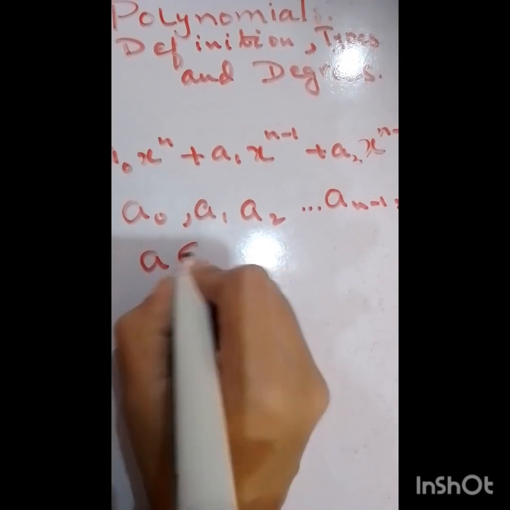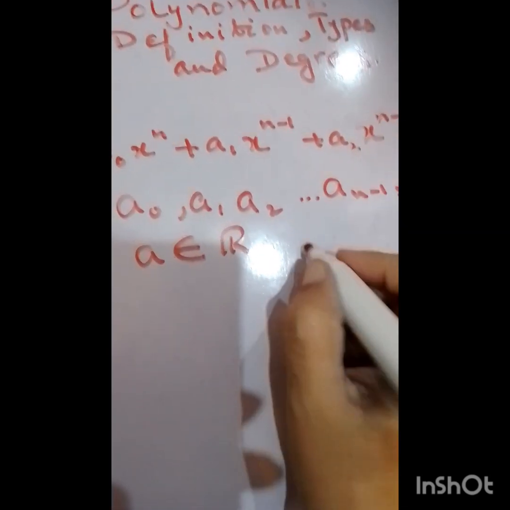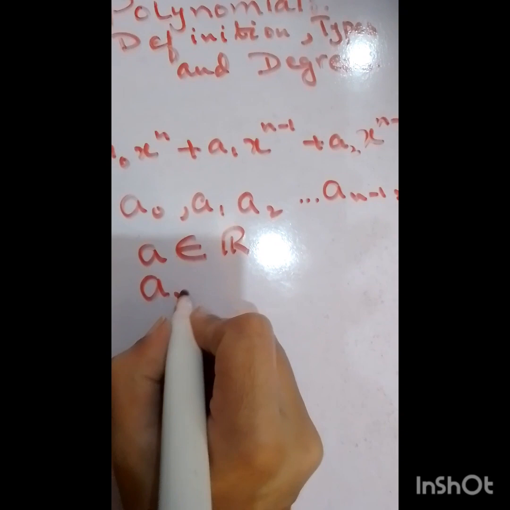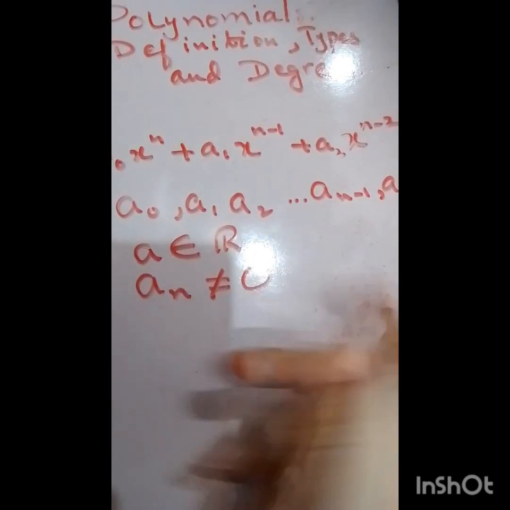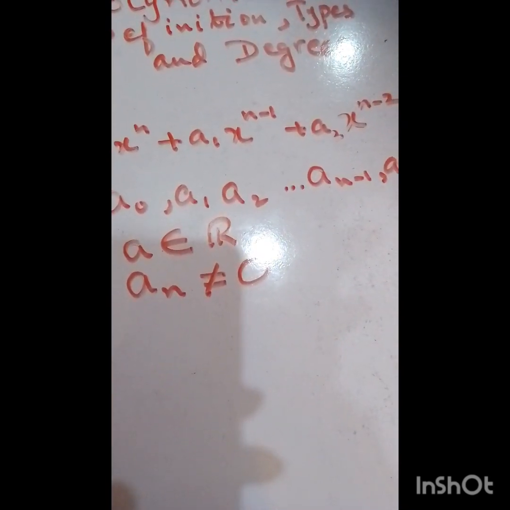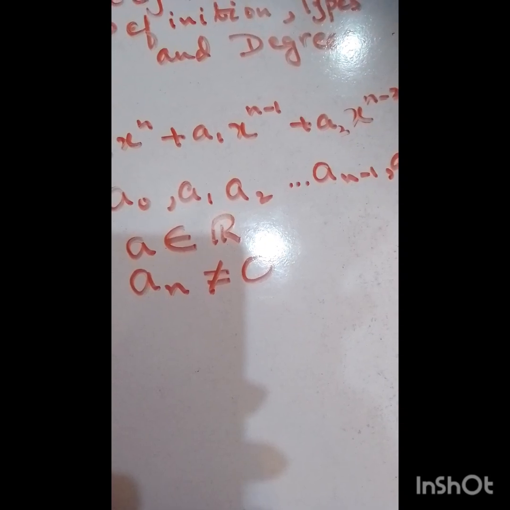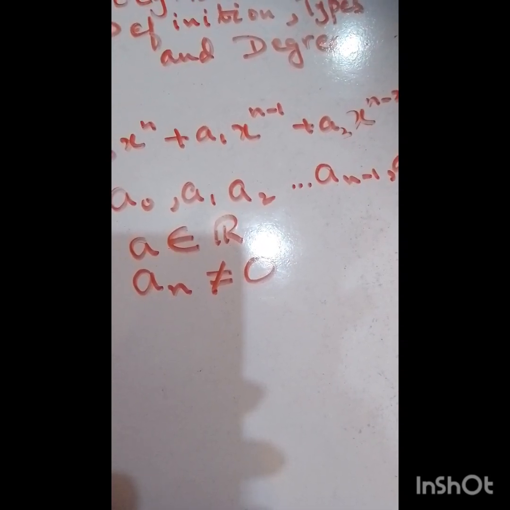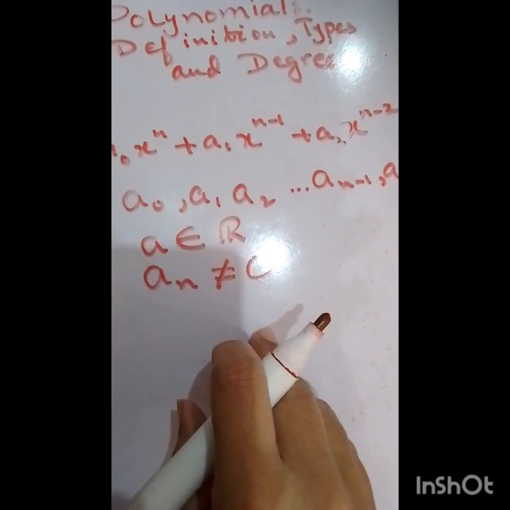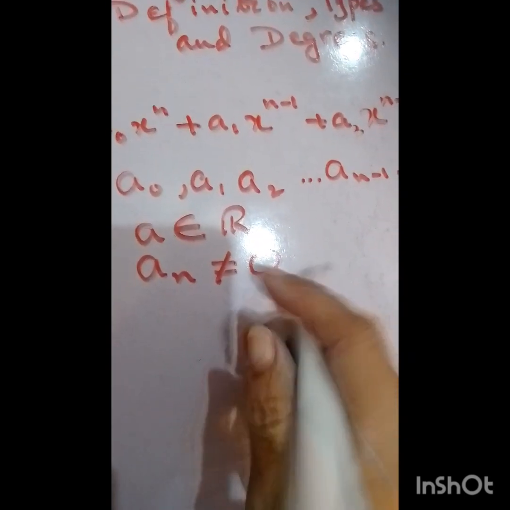That means a belongs to the real numbers and a n is not equal to 0. They are non-zero numbers. n is non-negative and these a's are all real numbers. Okay.